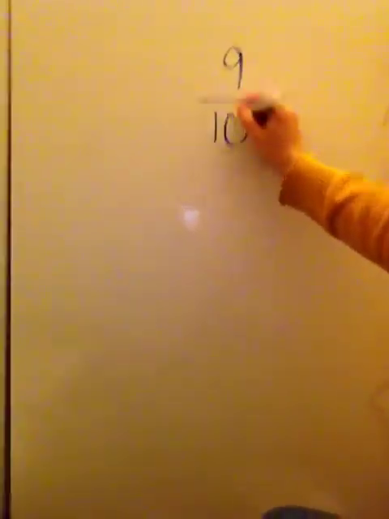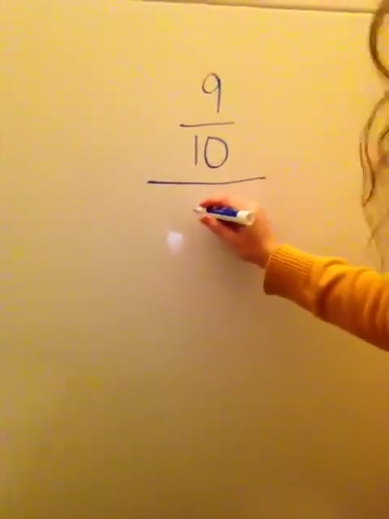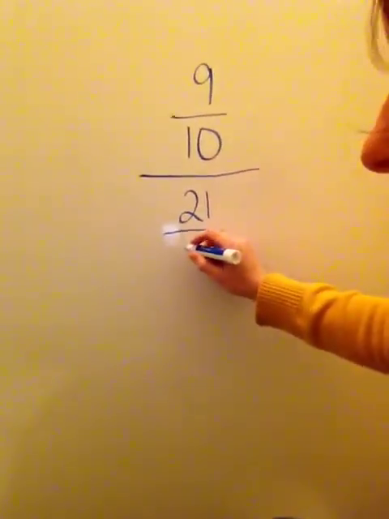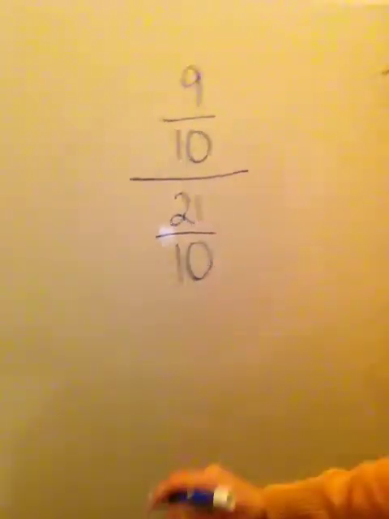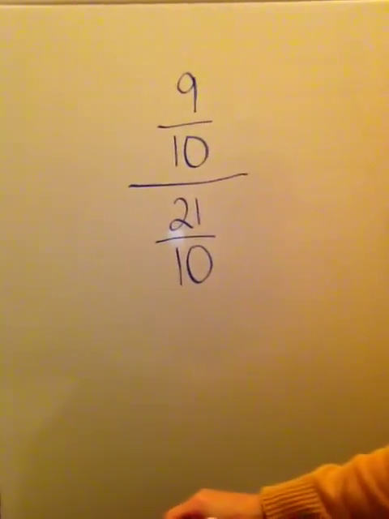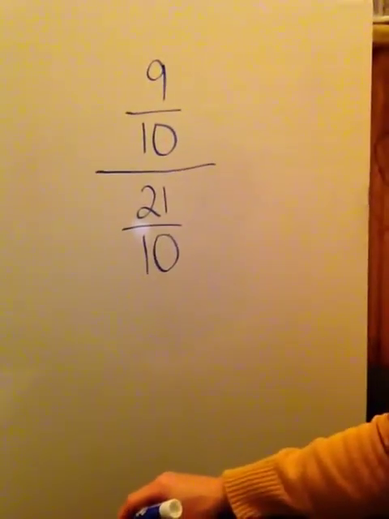Same idea, but this time we're going to do 9/10 divided by, so this is all written vertically, 21/10. Okay? Now most people look at that and they just don't even know where to start.